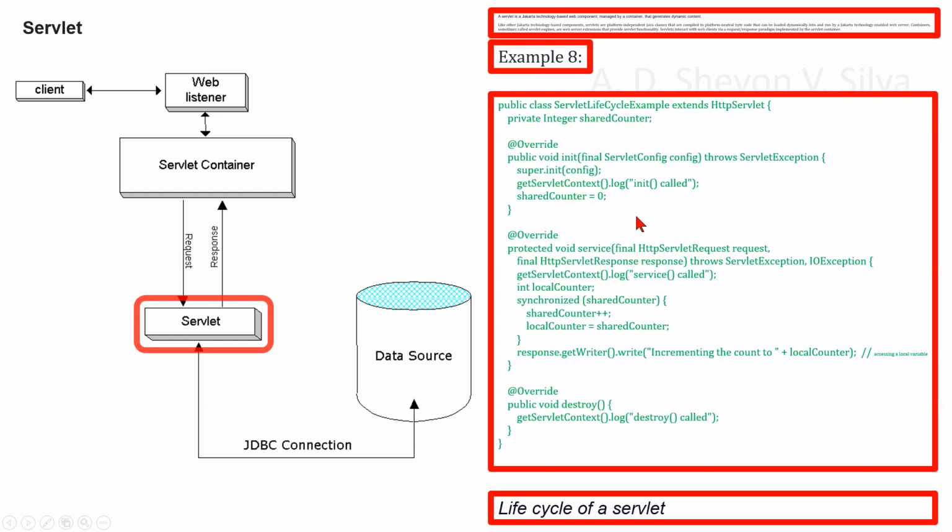The service method of the HttpServlet class dispatches requests to the methods doGet, doPost, doPut, doDelete, and so on, according to the HTTP request. In this example, service is overridden and does not distinguish which HTTP request method it serves.